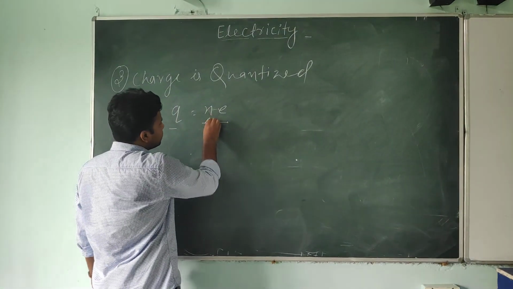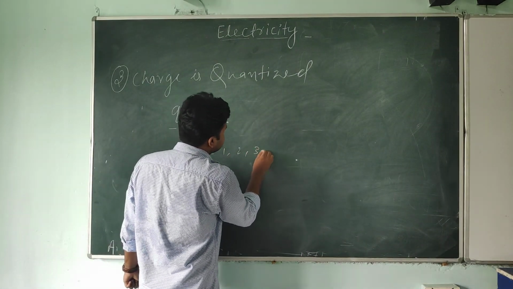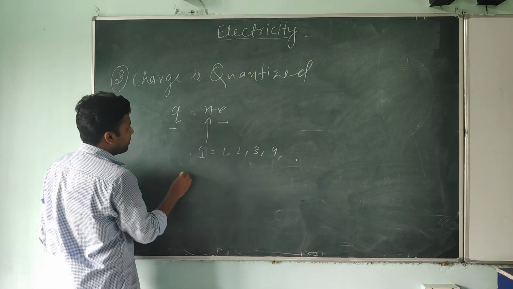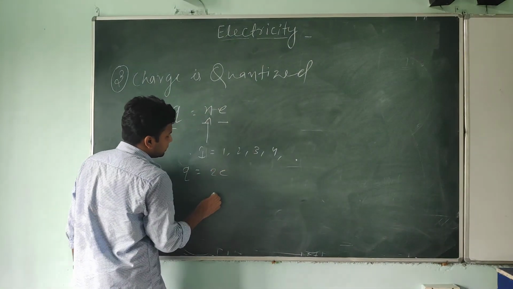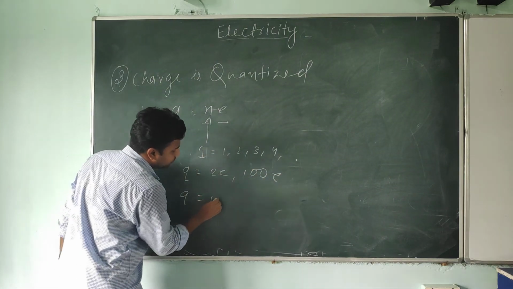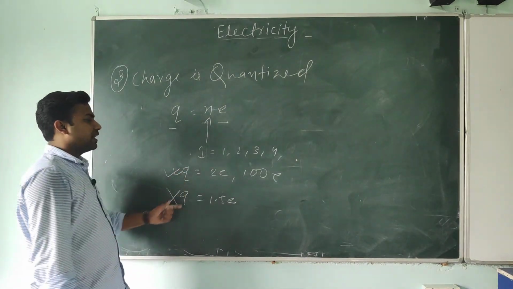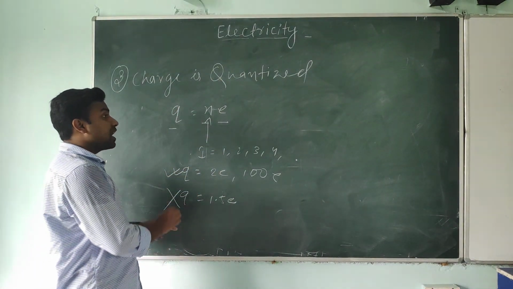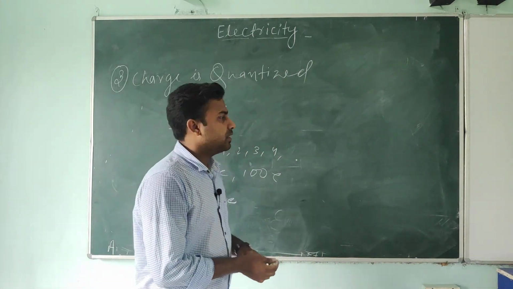N is what, students? An integer number, actually 1, 2, 3, 4. So every time you will find Q equal to 2 electrons or 100 electrons like that, but you will never find Q equal to 1.5 electrons. You will always find it like this. It means charge always exists in the form of integer multiples of electron charge.